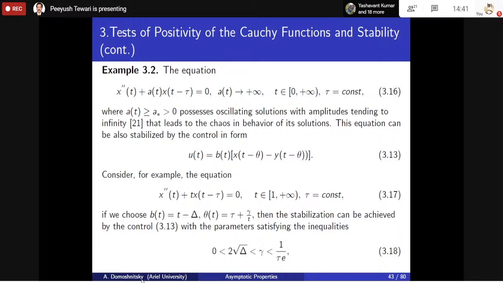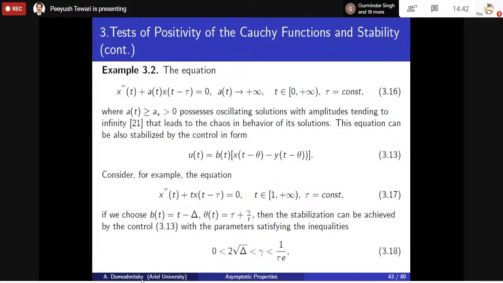Now, for example, if we take instead of a(t), t, h a(t minus tau), of course this equation is unstable. But instead of b(t), we take t minus delta, and instead of theta(t), tau plus gamma divided by t. And stabilization can be achieved by the control of three setting with parameters satisfying the inequality 3.18.